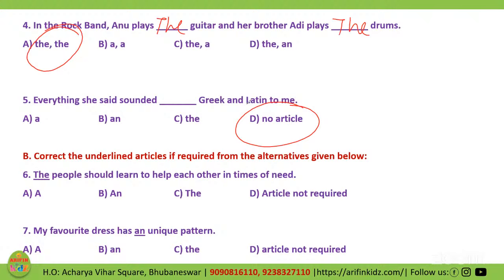Tough question, but good. Now, we have a different kind of question over here in 6, right? The people should learn to help each other in times of need. You have to correct the underlying word, that is the. So you have three options with you: a, the, and article not required.